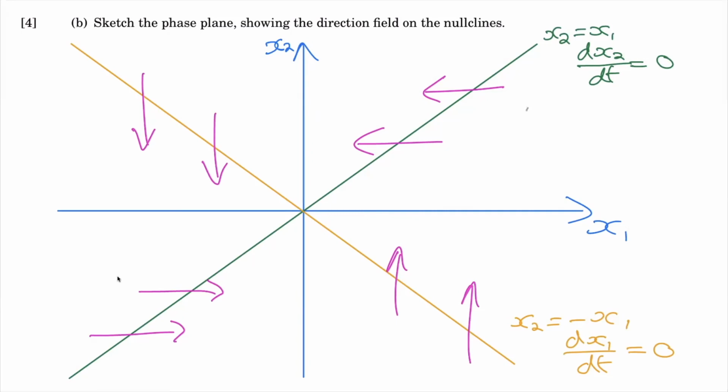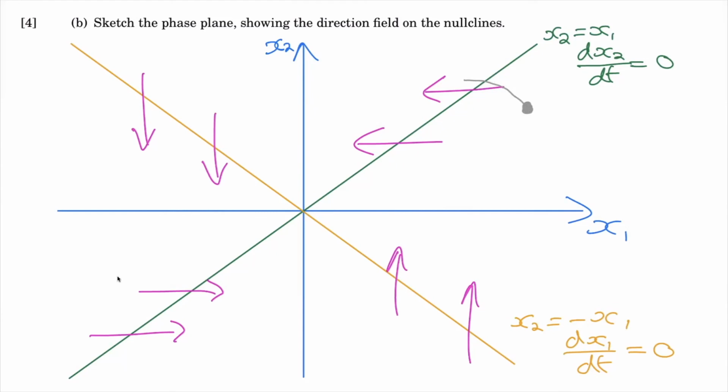So suppose we start off somewhere over here. x1 and x2 are initially positive. What happens? Well, we can think about movement through this phase plane. We can think about a trajectory. So first of all, I'm going to draw a trajectory. I know I'm moving left, and I'm also moving up. So I'm moving up and left, but I also know that I'm crossing this green null line horizontally, going to the left.